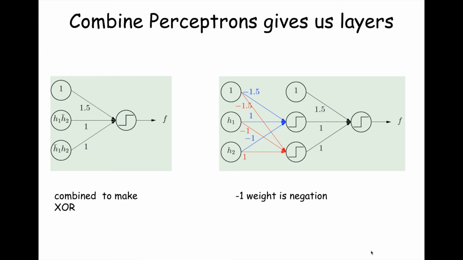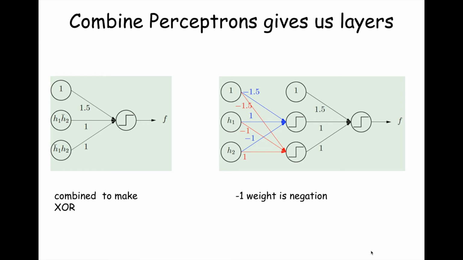And so in this picture, that's at a high level. And in the picture on the right, your right, we're actually expanding what these two nodes are. So we have this node H1 ANDed with H2 bar. That's over here. And then we have this node H1 bar ANDed with H2. That's over here, right? And so if we expand that, what is H1 ANDed with H2 bar? Well, when we AND, we have an X0 term that's -1.5.